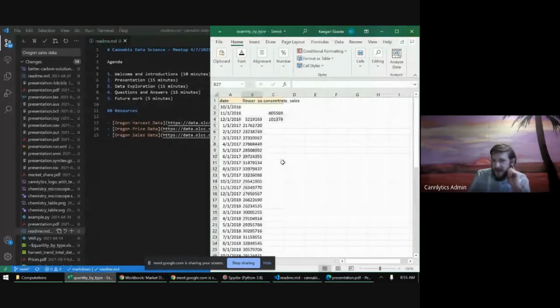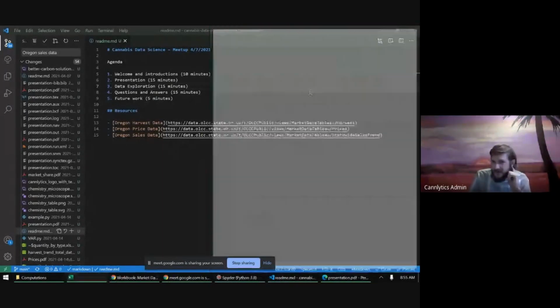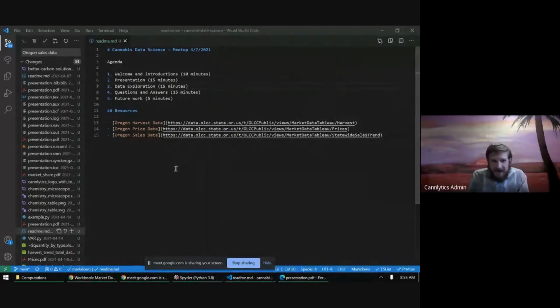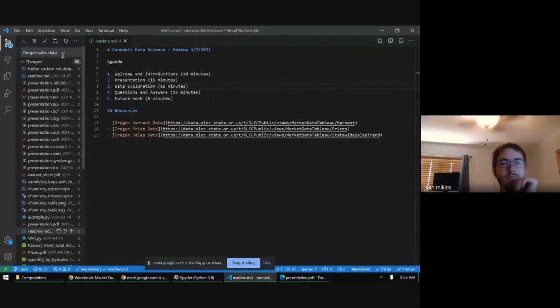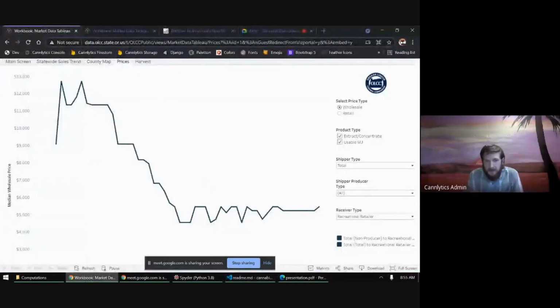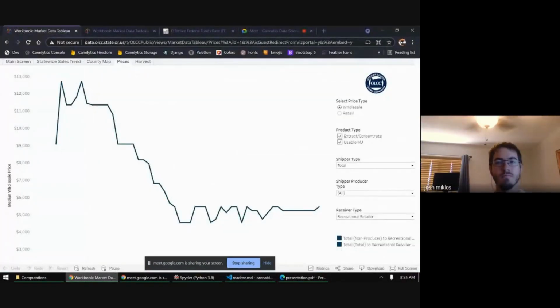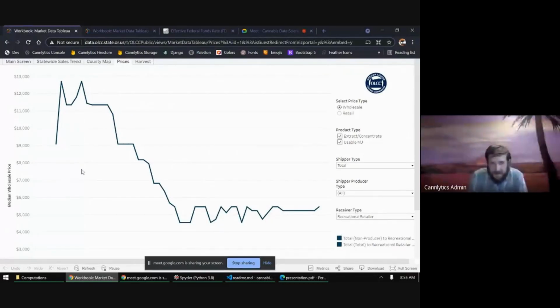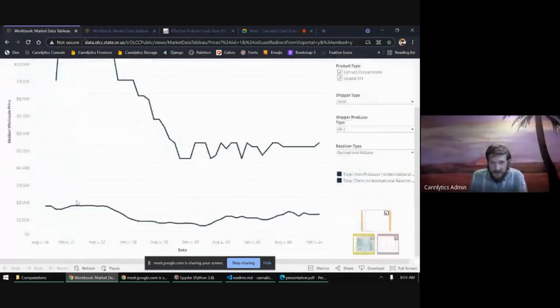And that's the other thing, I'm sort of recording some of these by hand, essentially. But over here, you've got the Oregon data, and so you've got the wholesale and retail.